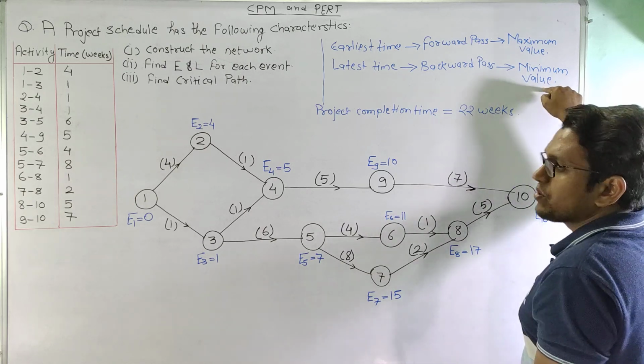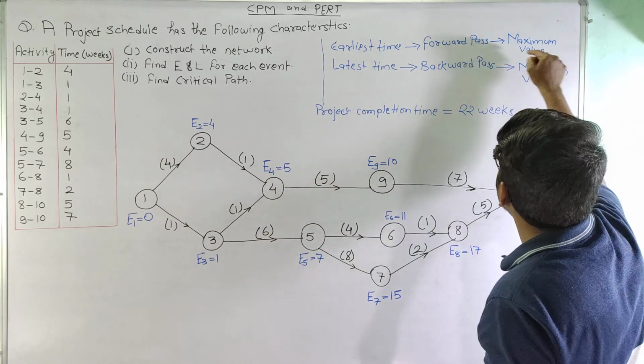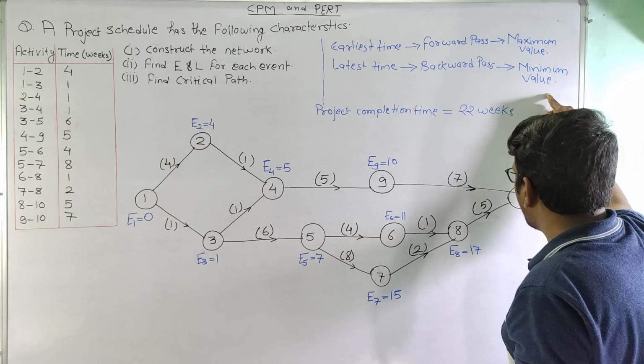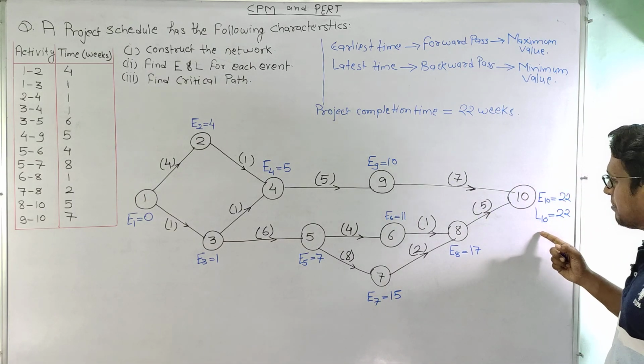So it is easy to remember that for the forward pass we select the maximum value, and for the backward pass we select the minimum value.